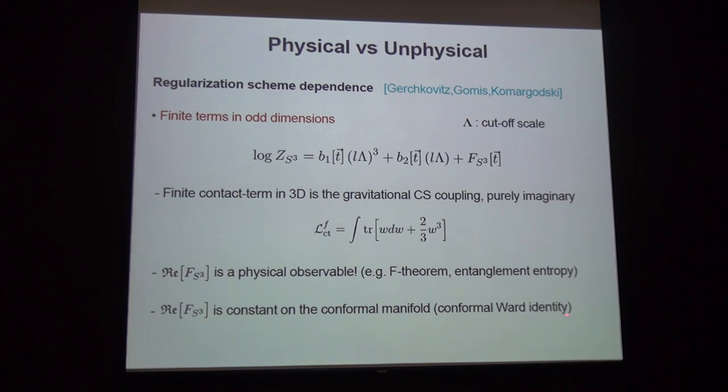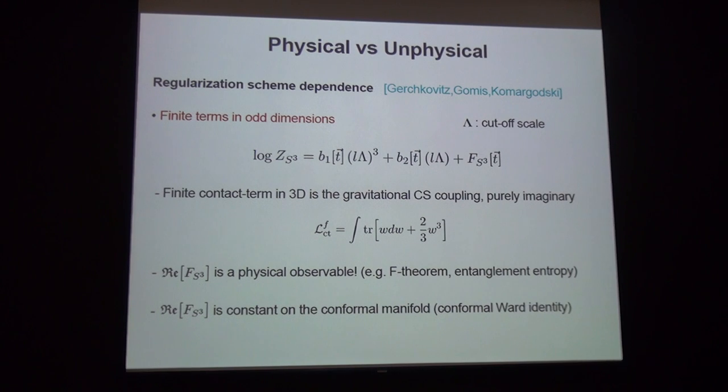And using this conformal Ward identity, one can further show that this real part of this finite term of the three-sphere partition function is independent of the marginal coupling constant. Therefore, it has to be constant on this conformal manifold of the three-dimensional conformal field theories. Then what about the imaginary part of the finite term in the three-sphere partition function?